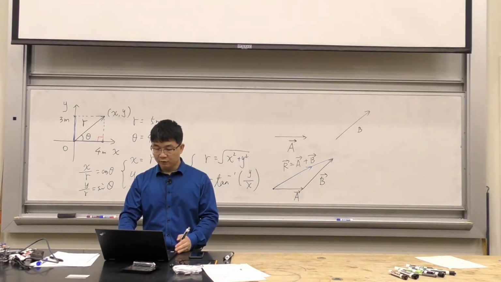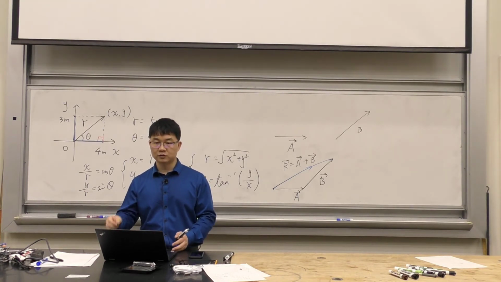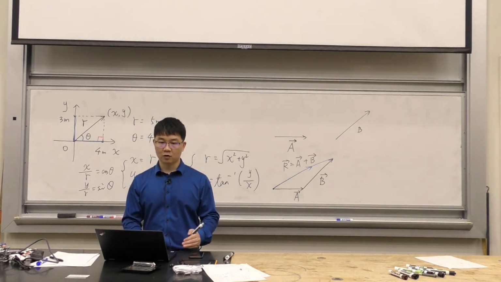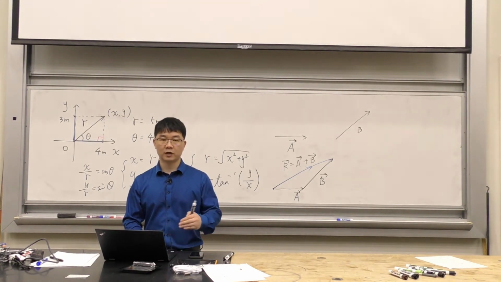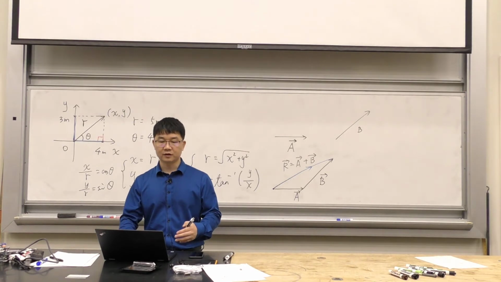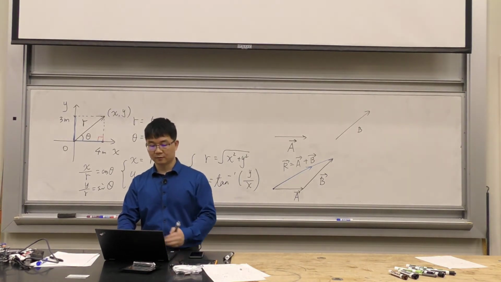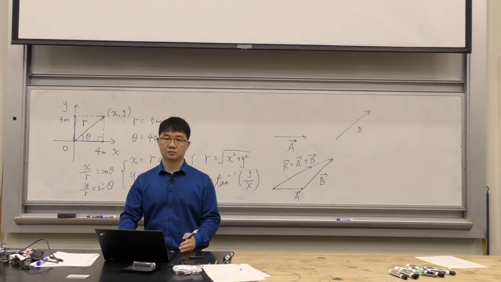Now you might ask: if I want to add A to B to C to D, do I have to always follow this order? What if I do A plus C plus D plus B? Is it different from A plus B plus C plus D? Actually, there's no difference.